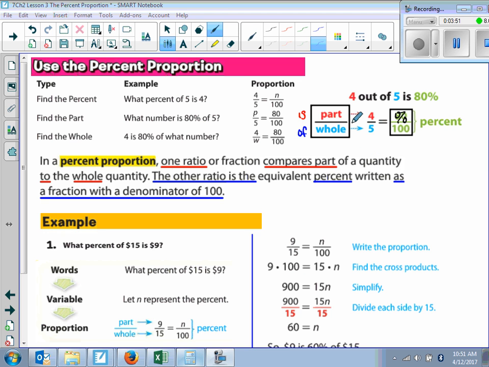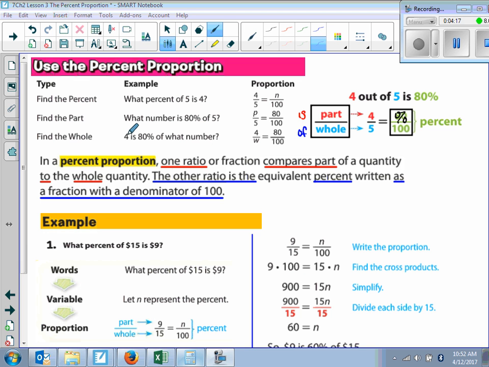Percent over 100 equals part over whole, or is over of. So here we've got finding the percent: what percent of 5 is 4? We're going to find the part: what number is 80% of 5? And we're going to find the whole: 4 is 80% of what number? You guys remember those? The what number is questions?